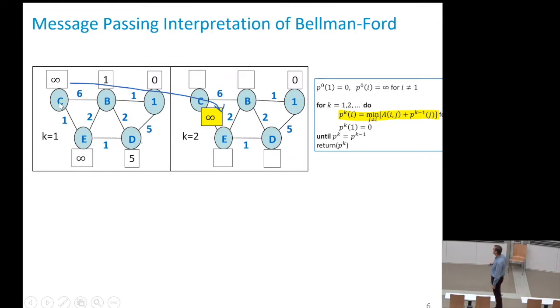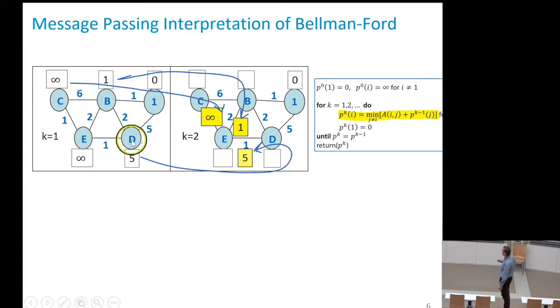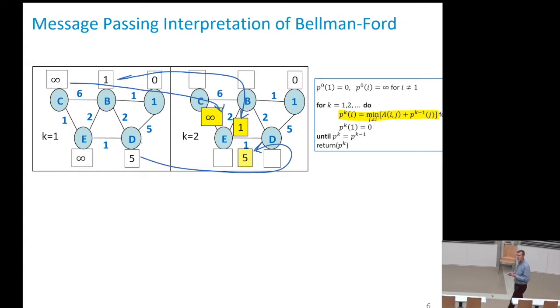So B could ask C, what is your estimate? C will say it's infinite. And similarly, so here, I'm talking of E. E asks its 3 neighbors, C, B, D, what is the information you have, and we'll give those 3 costs here. So that's another way of thinking of this system, but that's the way that's useful because this is how we can make it distributed.